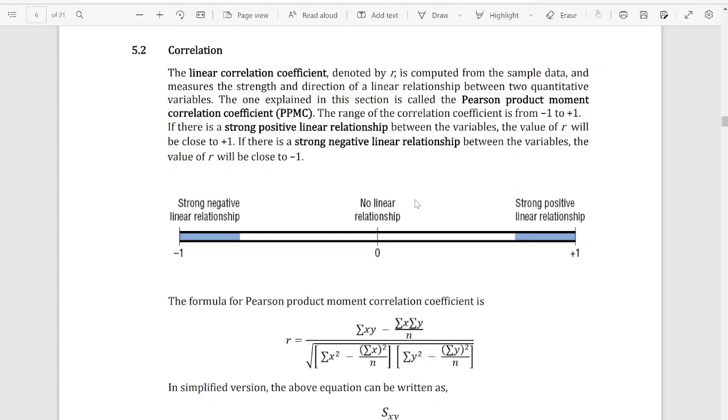The strength of the relationship is basically based on the values itself. Okay, values itu sendiri, value r itu sendiri, tanpa melibatkan nilai negatif dan positif itu, tanpa melibatkan sign positif dan negatif.